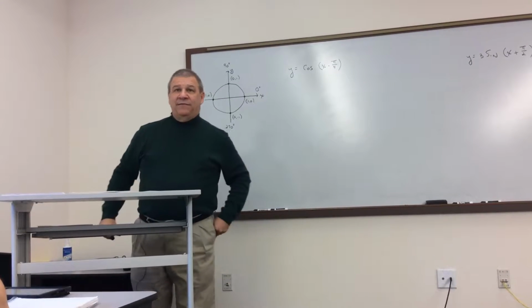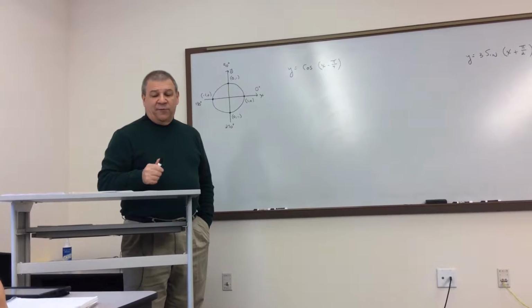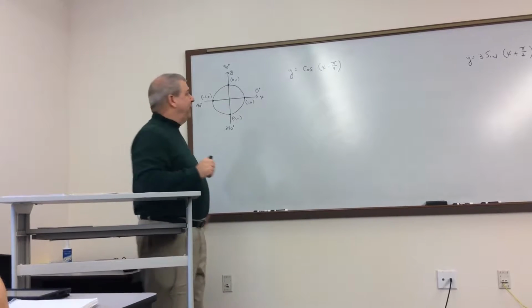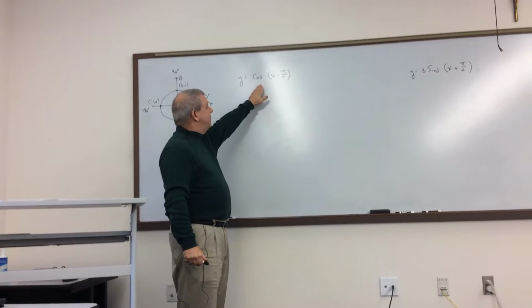Okay, now look at the handout, because a lot of this is just on the handout. Consider a function of the form y equals cosine of (x minus C). Now, in your notebook, everybody write down this right here.